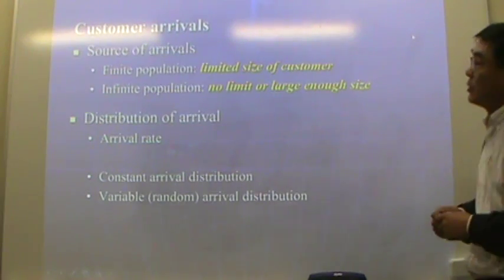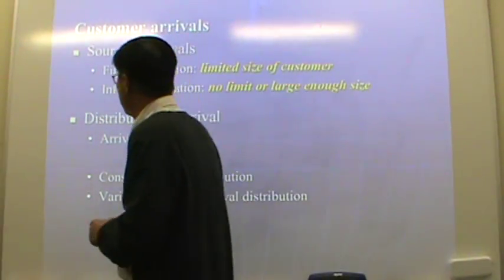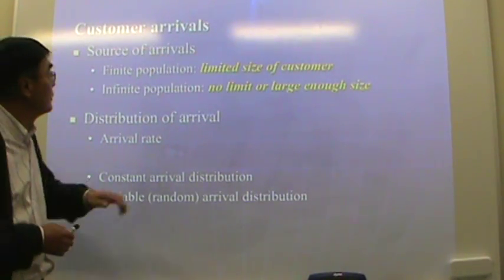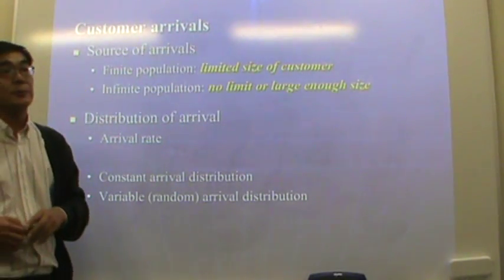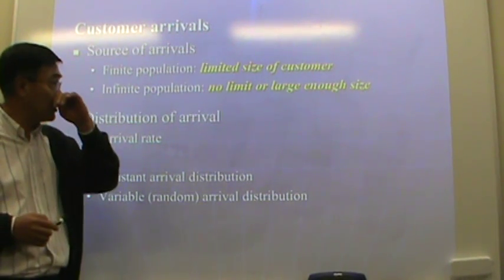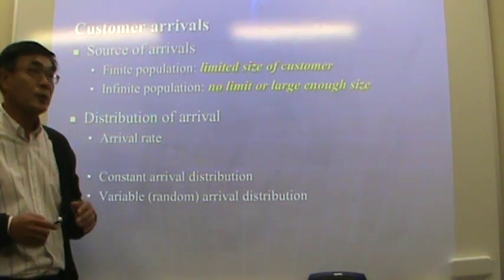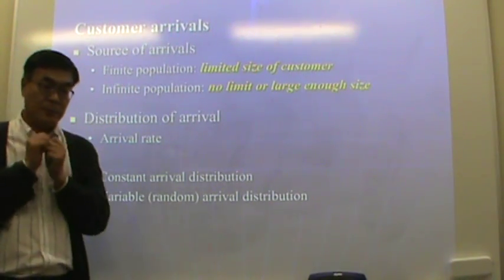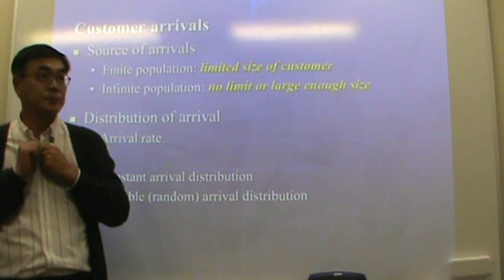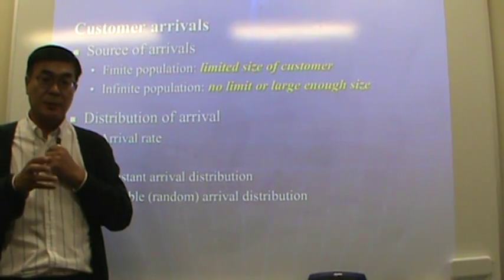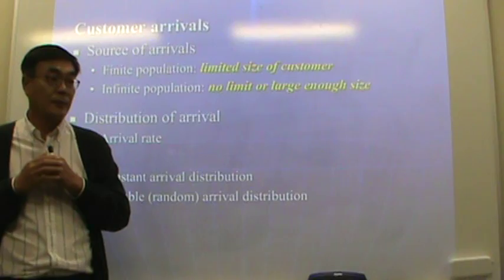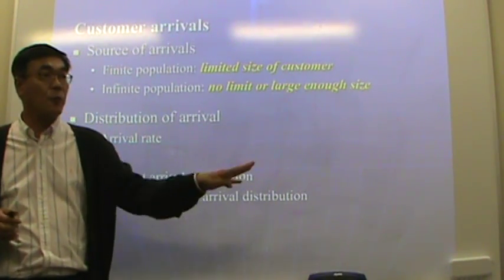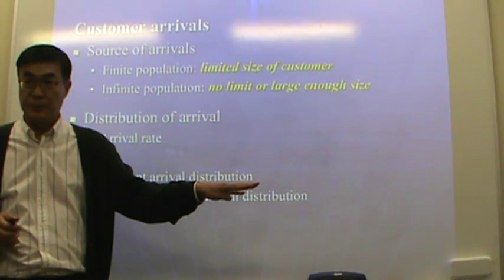First part, customer arrival, source of arrivals, finite and infinite. Finite, limited size of customers. Usually unlimited, but if I'm a technician fixing copy machines, in our office there are 4 copy machines.